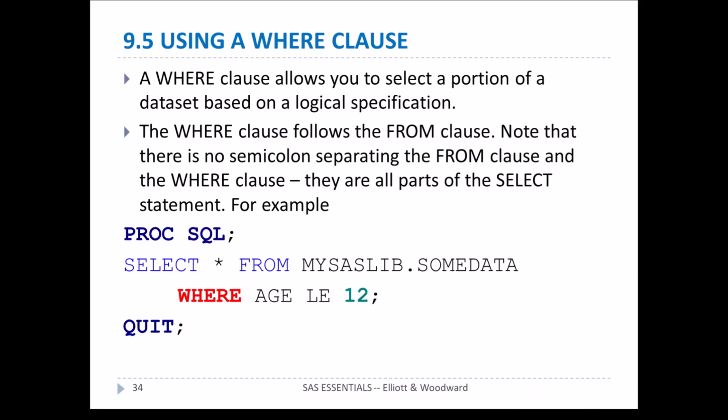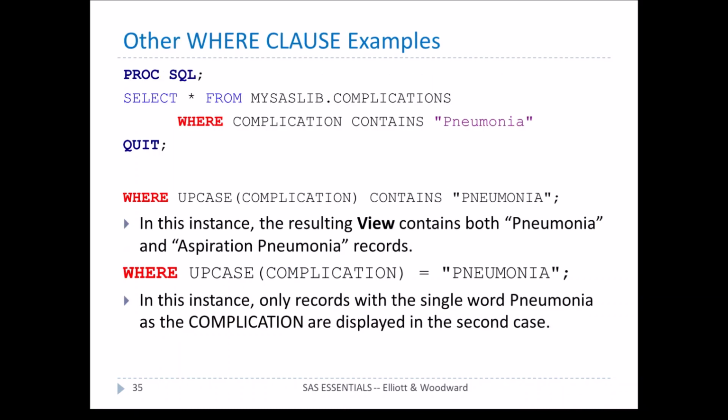That should be familiar to you. That's exactly how we would write a where statement in a data step, where age less than 12. And what that means is the results of this select statement are only going to display the values where age is less than 12.